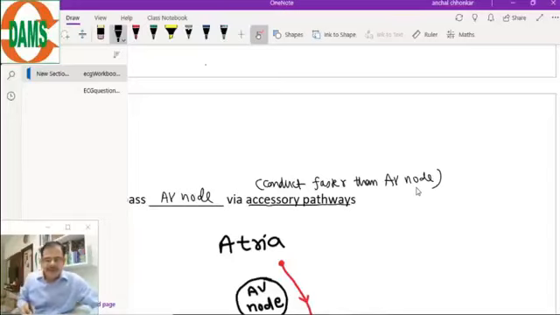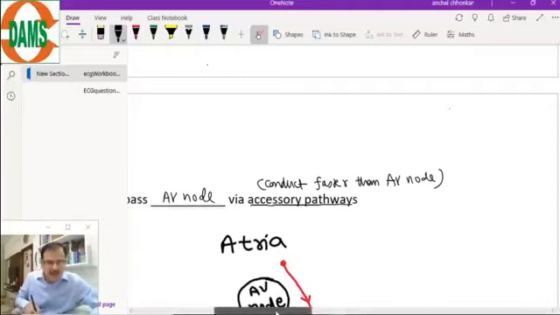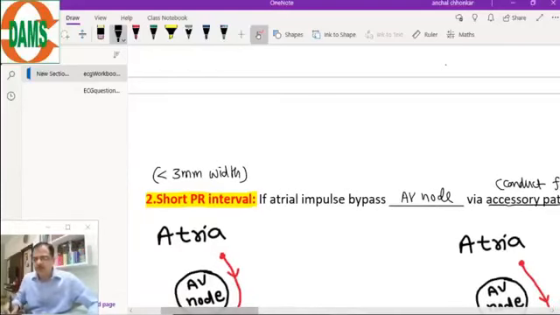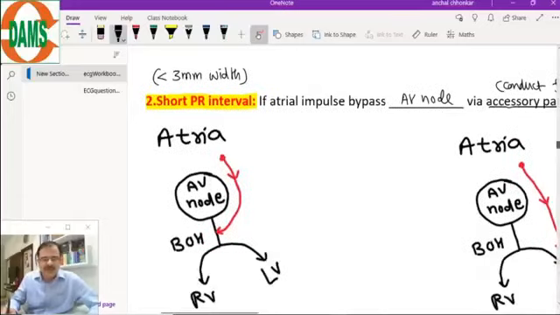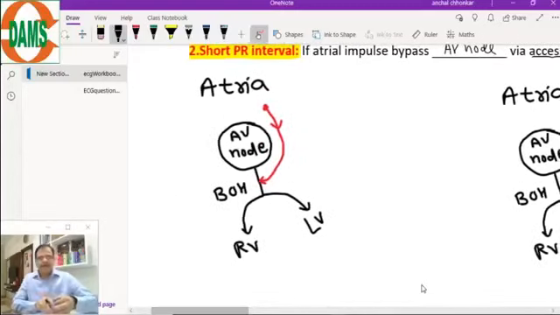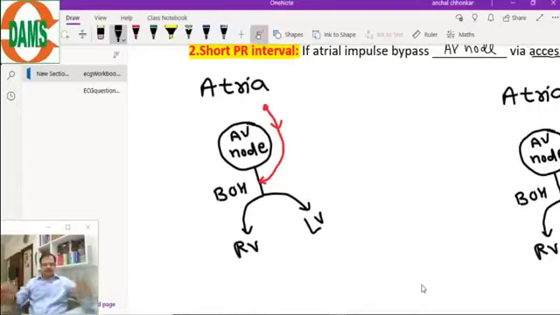So let's understand these pathways. You can draw the diagram also, because many questions come on this PR interval shortening and the names of the syndromes. So come to the first one, and first one is this pathway. So you can see clearly atria, AV node.